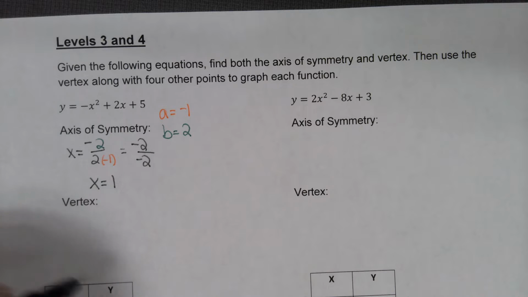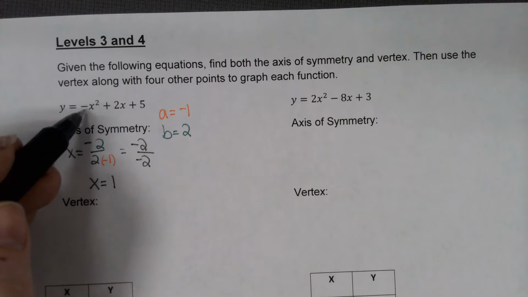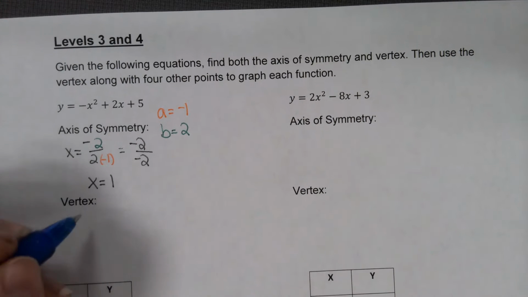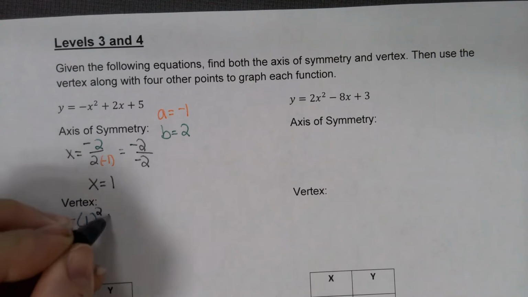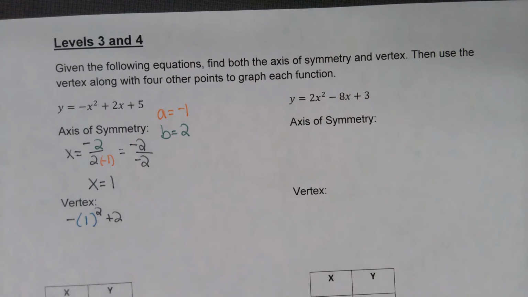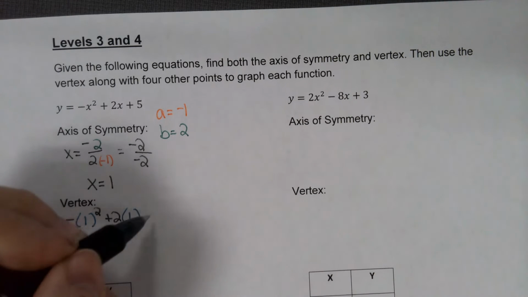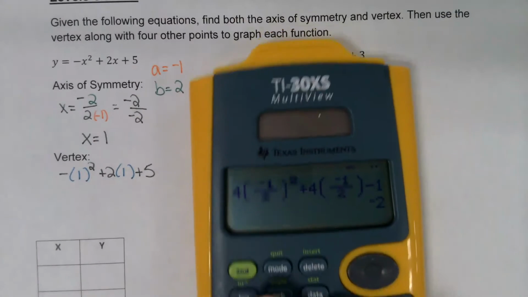Remember, to find the vertex, we have to take that 1 and replace both x's with it. So we'll have a negative, and replace the x with 1 squared plus 2 times 1 plus 5. And we'll let our calculator do all of that heavy lifting for us.